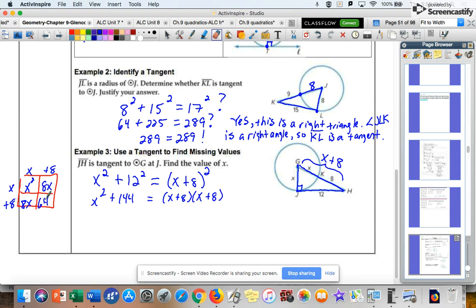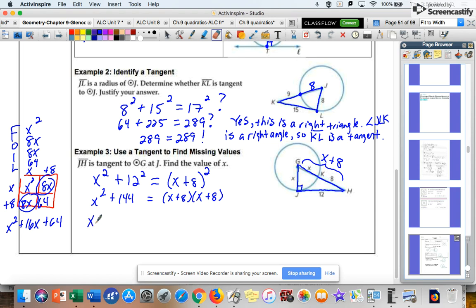And then we add up each one of these individual areas to get x squared plus 8x plus 8x, which is a total of 16x, plus 64. You could FOIL that too. So if you learned that last year, first times first would be x squared. Outside ones would be 8x. Inside would be 8x. And last times last would be 64 as well. So you get those same 4 pieces, just a different method.